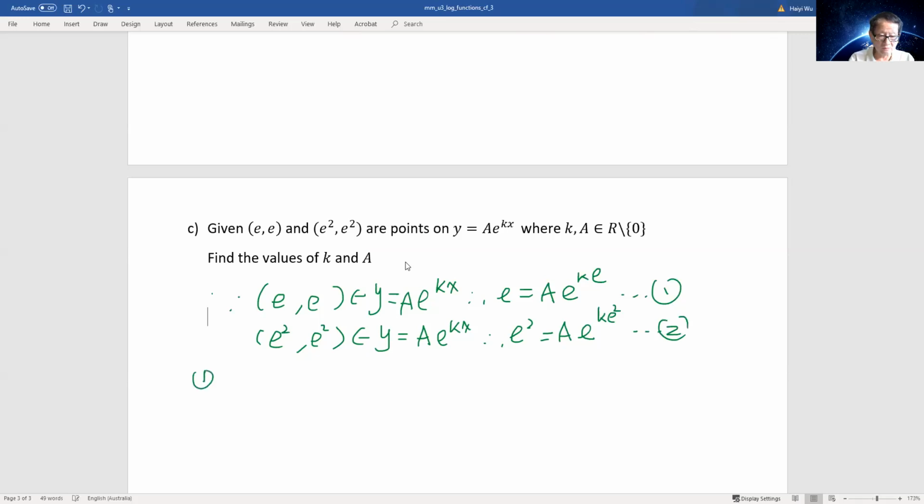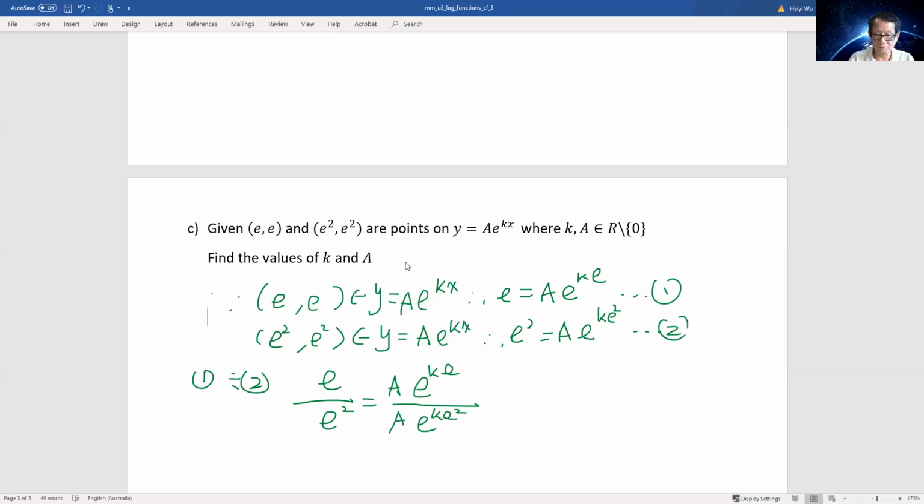So we're going to divide them: equation 1 divided by equation 2. So then A e to the power of K e, we can cancel the A out, sorry, eliminate the A, using elimination methods, solving a simultaneous equation.